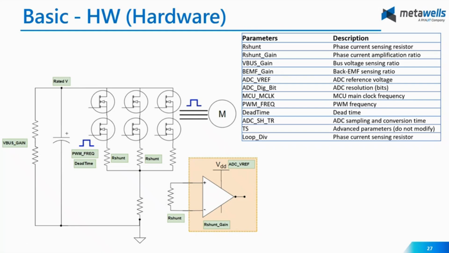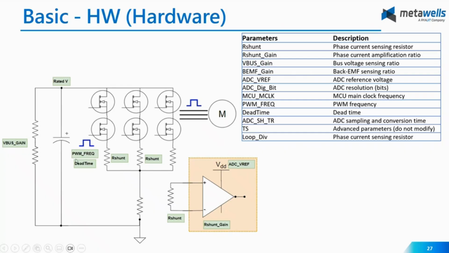Before fine tuning this motor, correctly inputting the parameters is very crucial, like the current sensing shunt resistor, because it is connected to protection. So the shunt is very important.